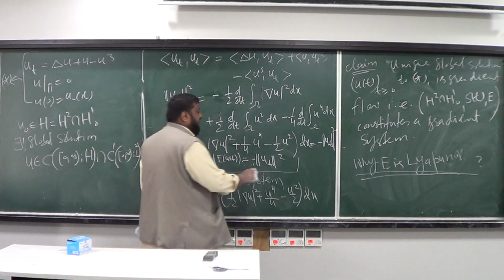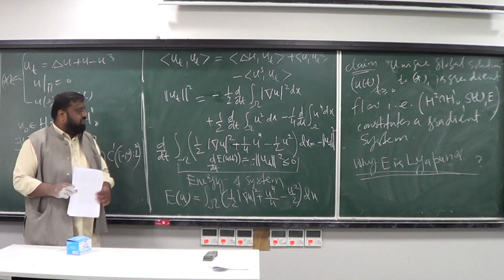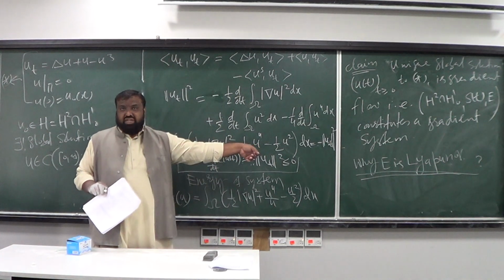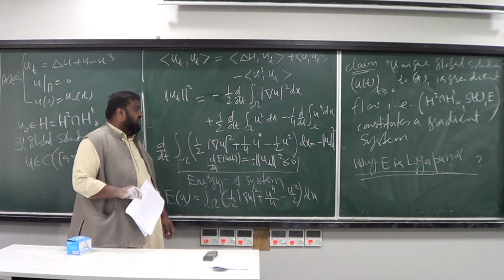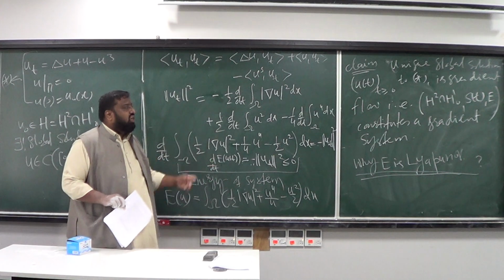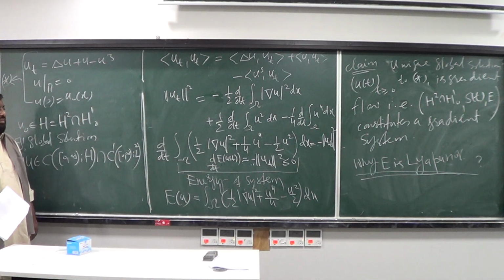And this is for sure less than or equal to 0. So E of u of t is non-increasing over time. This is what you call the first condition of E being a Lyapunov function.